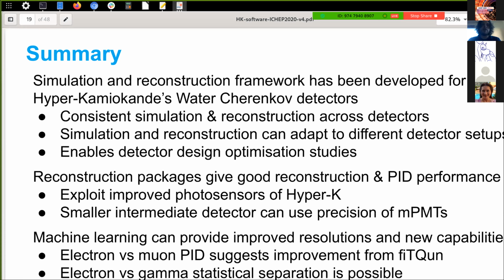Our reconstruction packages are giving good resolutions, exploiting the advantages of the new photosensors, and enabling the smaller intermediate detector to perform precision measurements. And now we're looking into using machine learning to improve on our resolutions and allow new types of analysis. Thank you.